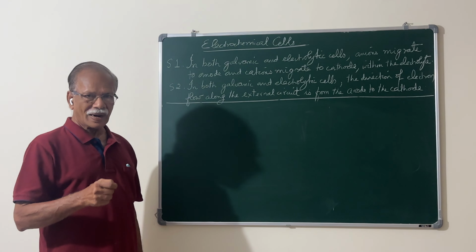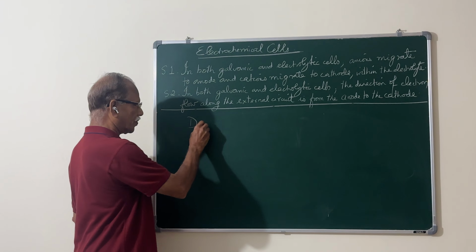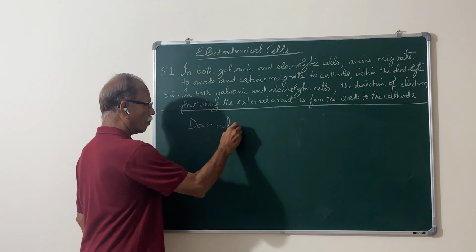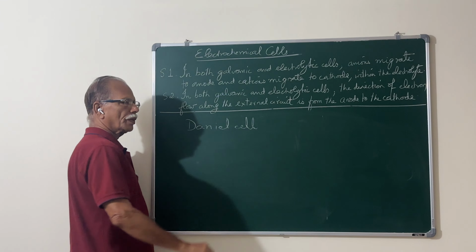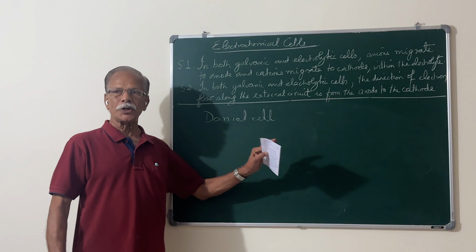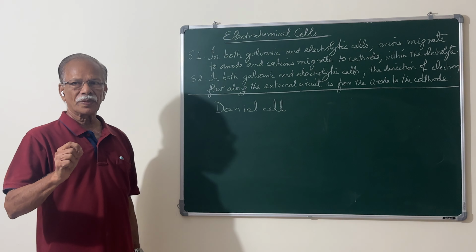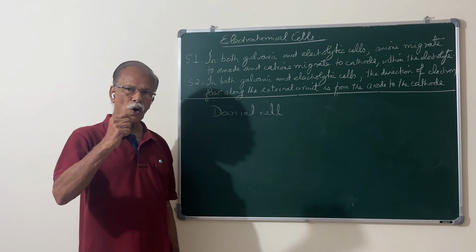As a typical galvanic cell, consider Daniell cell. It involves zinc electrode coupled to a copper electrode via a salt bridge.